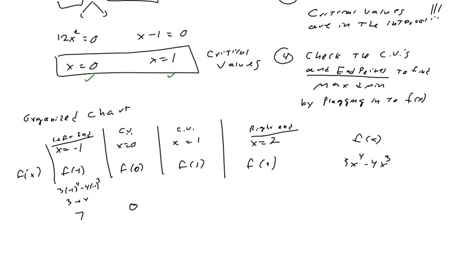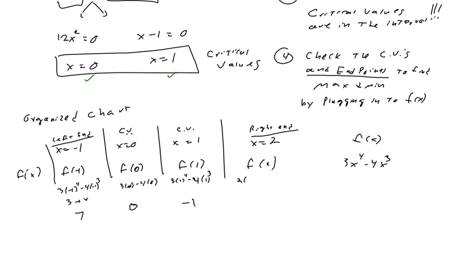Plug in a 1. 3 times 1 to the 4th minus 4 times 1 to the 3rd power. That'll be -1. If I do a 2, 3 times 2 to the 4th minus 4 times 2 to the 3rd.